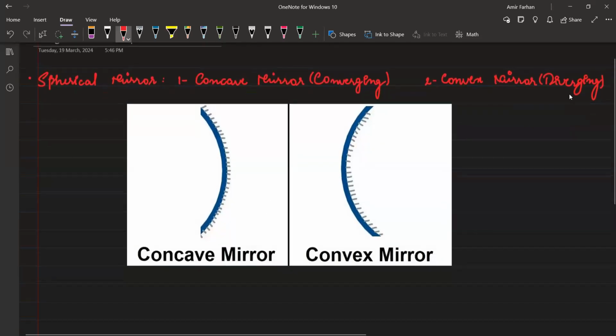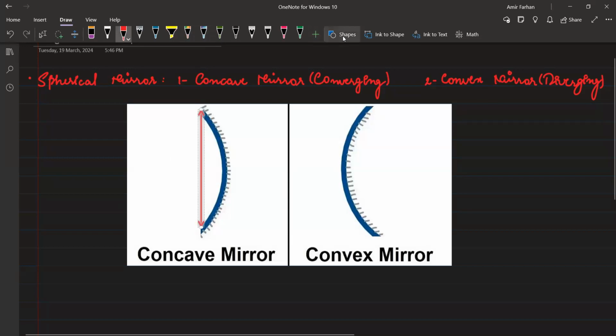So that's why this mirror is called converging. Clear, everybody? Okay, just understand something. Basically, this length of the mirror is called aperture.